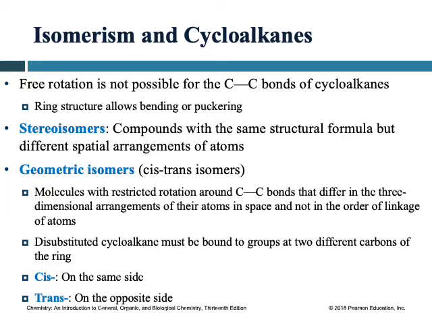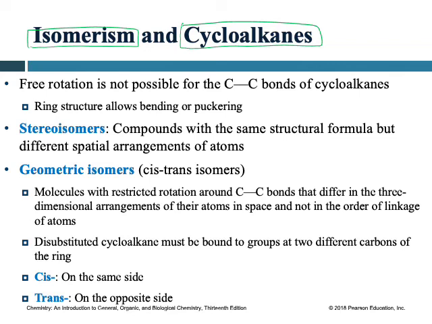Now let's talk about the isomerism. We already talked about isomerism in the previous slide, but now we're going to see how isomerism can be found in cycloalkane. So what is isomerism? Isomerism has the same molecular formula but a different structure or arrangement of atoms, right?